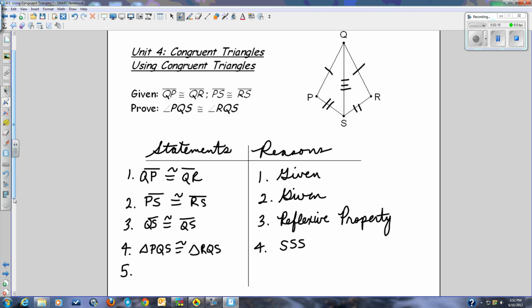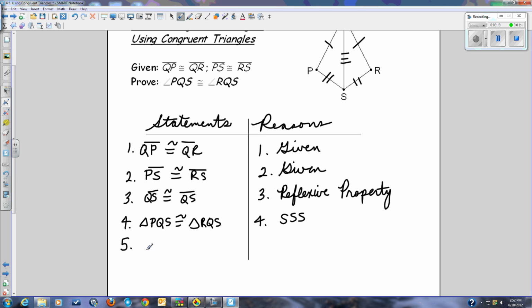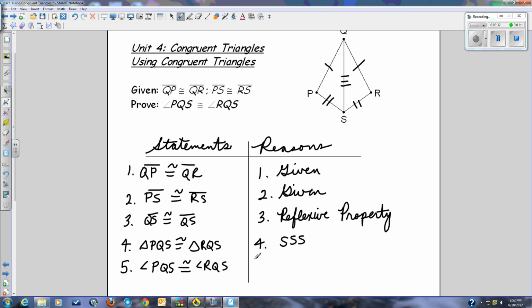Well, if the triangles are congruent, the corresponding angles are also congruent. So we can automatically say the angle PQS is congruent to angle RQS by what I was alluding to earlier, that corresponding parts of congruent triangles are congruent.